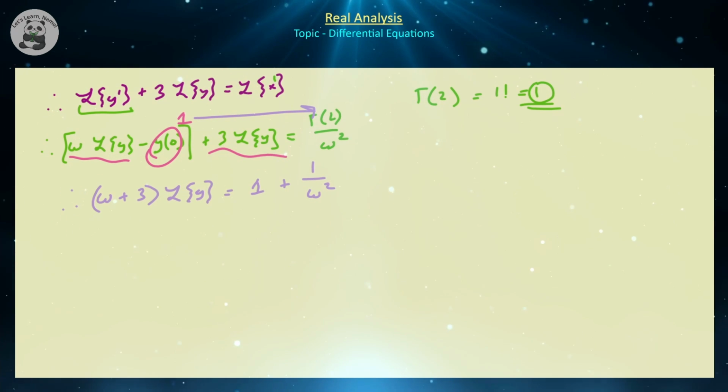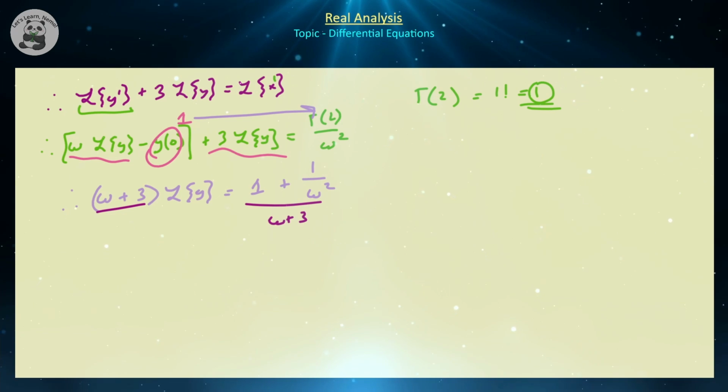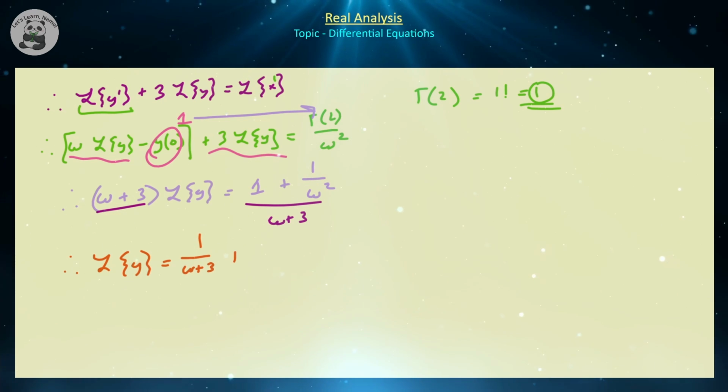And I can get a common denominator for that if you want, but you don't necessarily have to. But now I'm going to divide both sides by omega plus 3. So once I do that, I'm going to have the Laplace transform of y will be equal to 1 over omega plus 3 plus 1 over omega squared times omega plus 3.